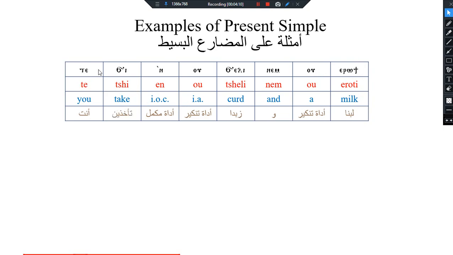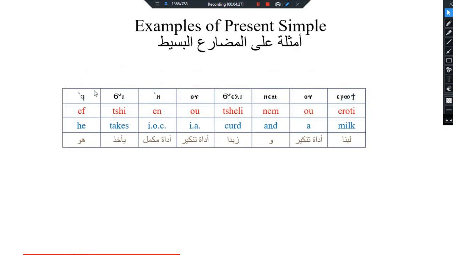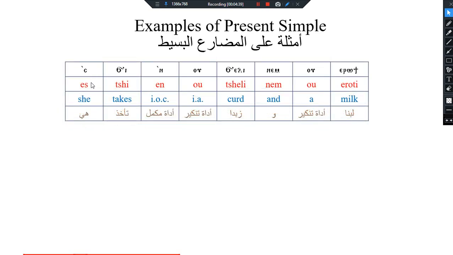When we conjugate the verb with te, it means you, but for feminine: te-chi en ou-celi nem ou-eroti. Here conjugated with f, it means he: f-chi en ou-celi nem ou-eroti. Es, it means she: es-chi en ou-celi nem ou-eroti.